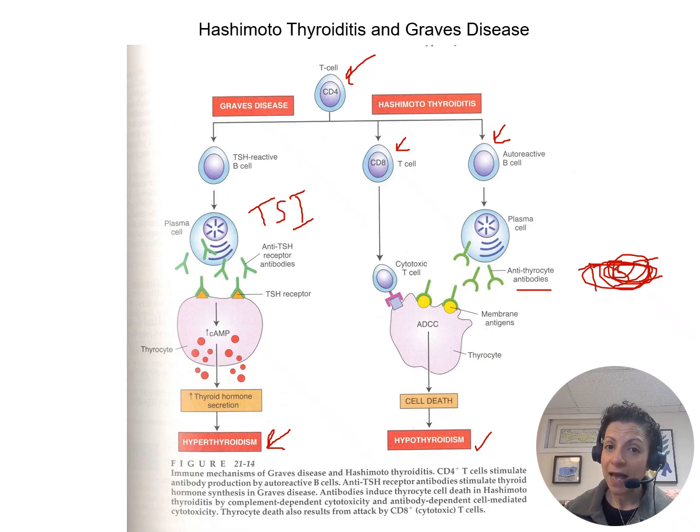So this antibody acts as an agonist for TSH. So instead of triggering cell death, it actually stimulates those thyroid cells. And we end up with excess thyroid hormone production and hyperthyroidism. So we've got two common autoimmune disorders related to thyroid dysfunction. Hashimoto's leads to hypothyroidism. Graves' disease leads to hyperthyroidism.